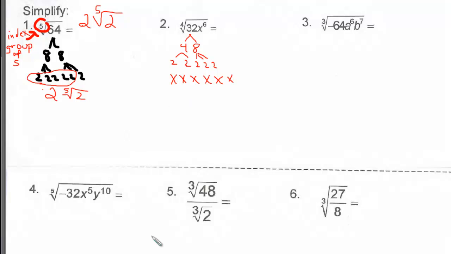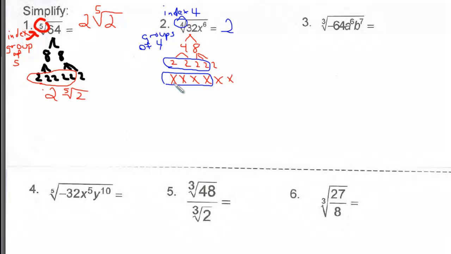Let's look at our index. In this problem, our index is 4. This tells me that I'm going to look for a group of 4. So I need to see if I could pull out 4 2's and 4 x's. I do have a group of 4 2's, so that will come out front of the radical.